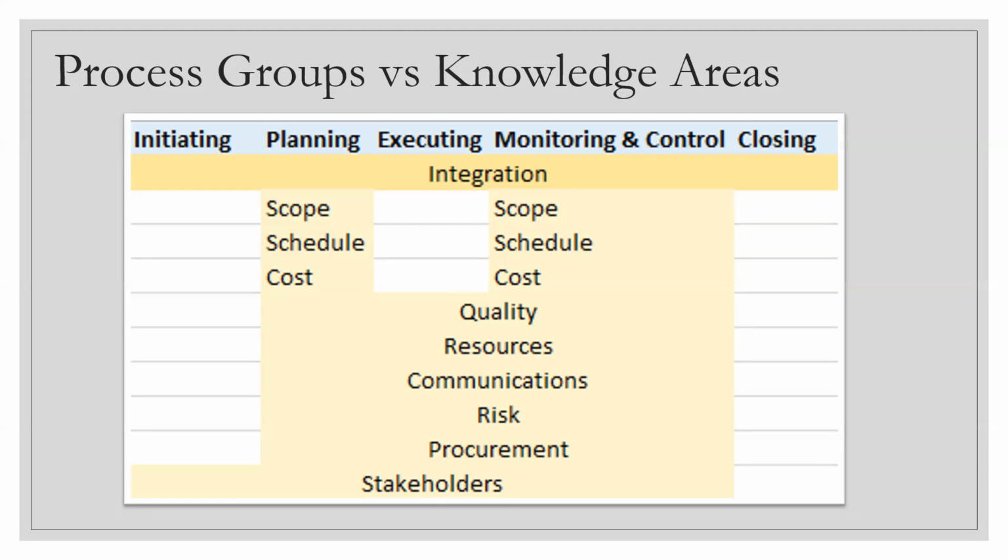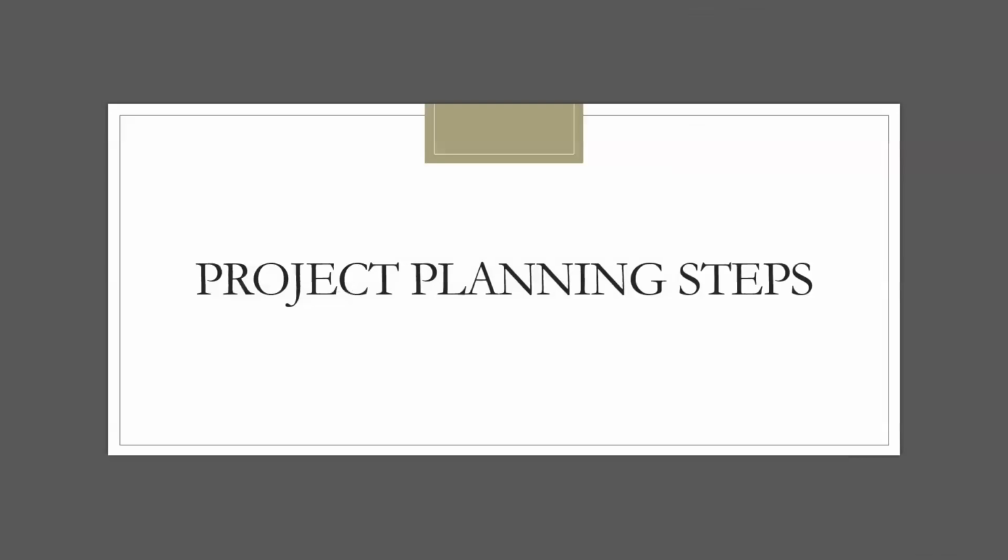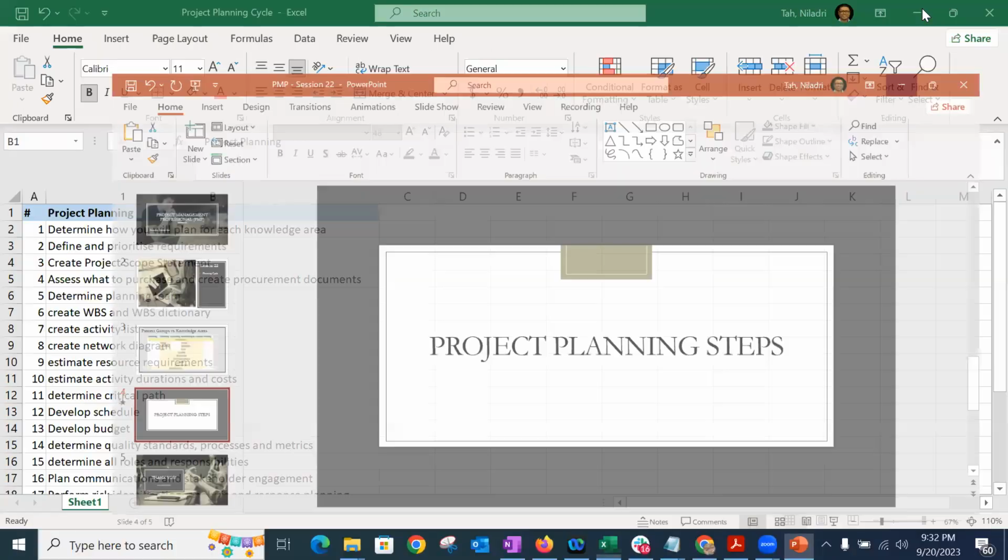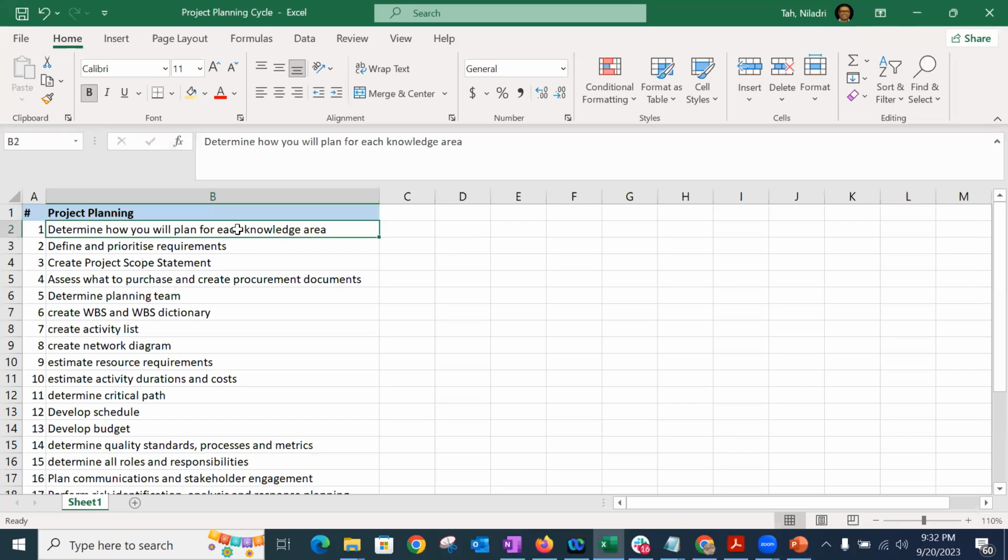In planning, we have seen a couple of things: scope, schedule, cost, quality, and all that. But if I really want you to understand project planning in PMP, which is very useful from the exam point of view, I have to take you through the project planning steps.